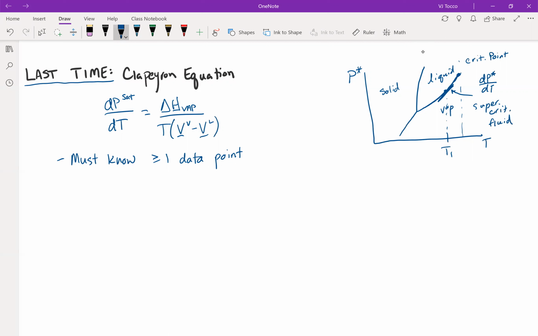So part of the problem with the Clapeyron equation is that delta H vap is not necessarily known as a function of T and P star. In general, the enthalpy of vaporization will change depending on what your conditions are. And also, it's not necessarily true that you know what the molar volumes are.